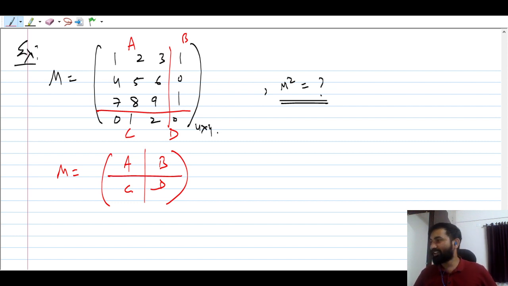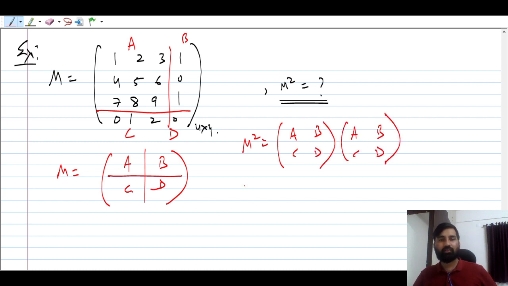What is M square, guys? Can you tell now? M square is going to be [A, B; C, D] times [A, B; C, D]. So M square is going to be A square plus BC, AB plus BD.